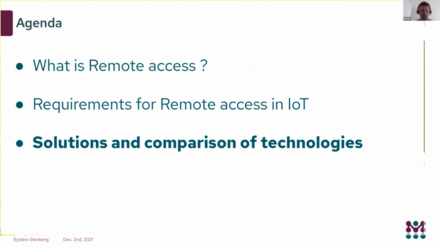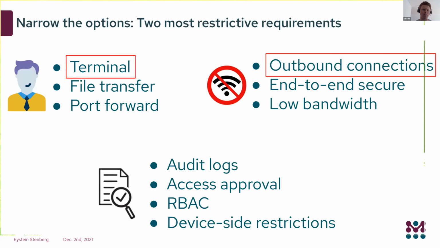So with that in mind, let's take a look at what we can do here. Obviously there's a lot to worry about. But if we look at the two most restrictive requirements first, or two most difficult ones, and we start there, we can try to see how we can build further on these other requirements.